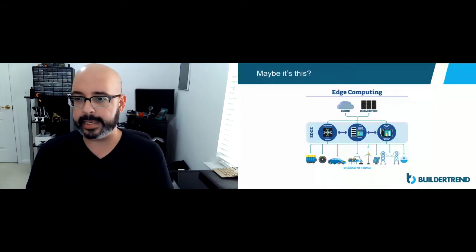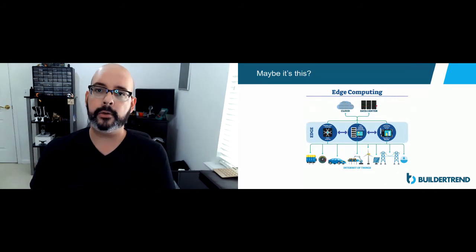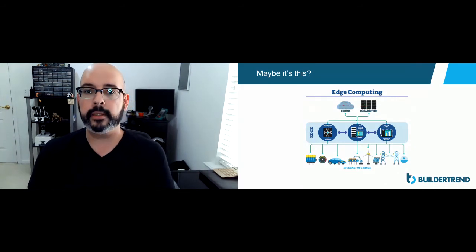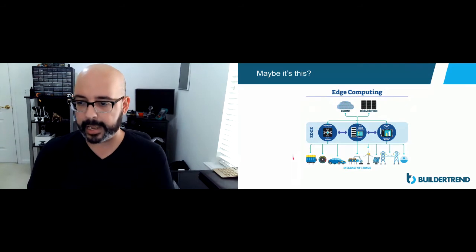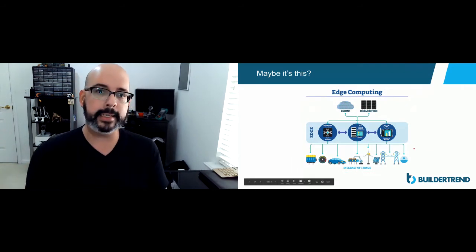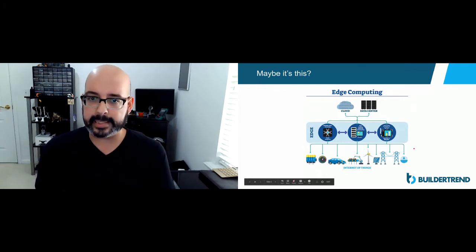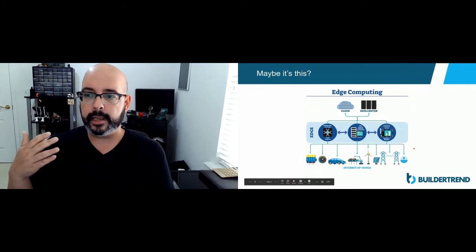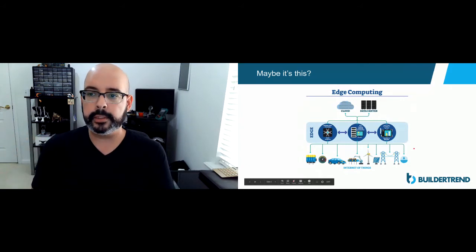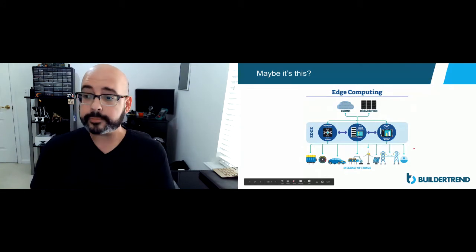The general idea is that there is a top layer where your centralized applications are mostly hosted, in a cloud or a data center or some hybrid of the two. And then on the bottom here, you have your Internet of Things. Here's another buzzword. What's IoT? To me, an IoT device is simply a device that's connected to the internet that sends information back to your application over the internet.